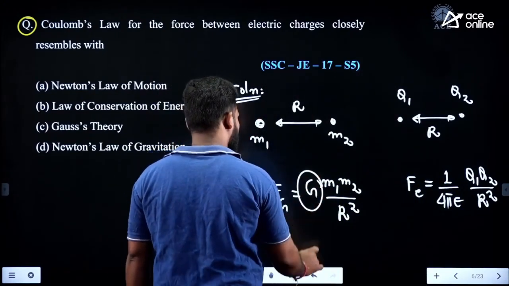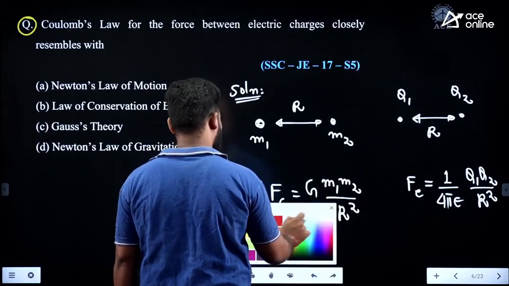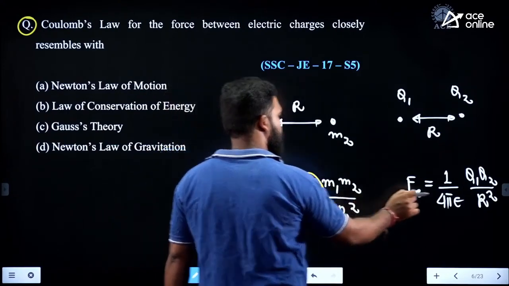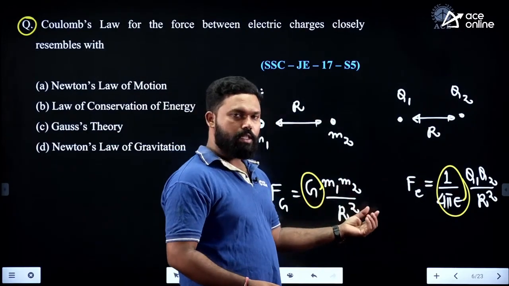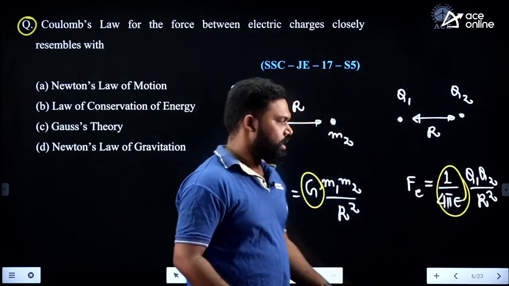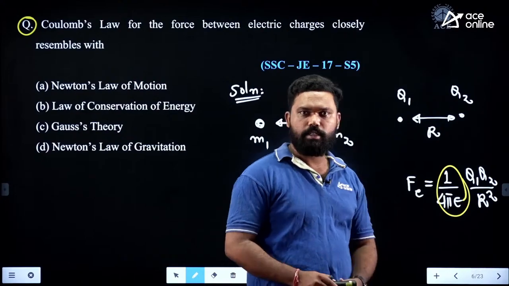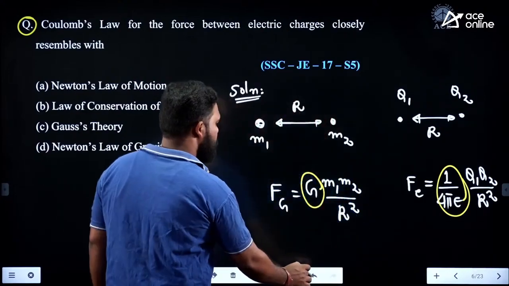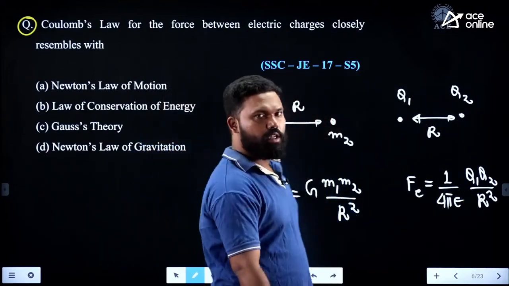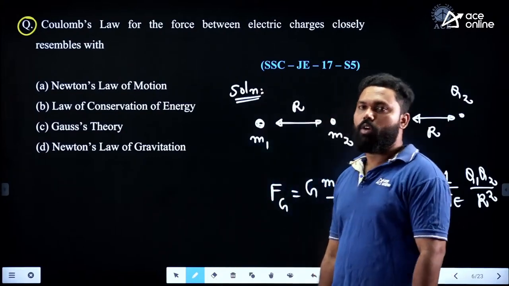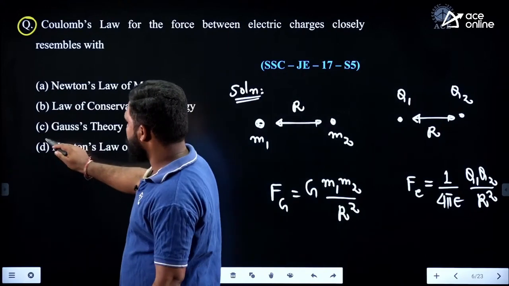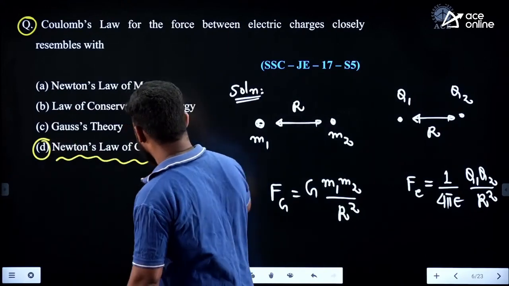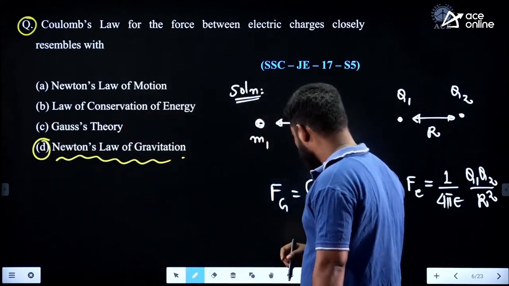Here it is a product of two masses, here a product of two charges, divided by r square. So Coulomb's law is similar to what you have learnt in your physics as Newton's law of gravitation. Clear?